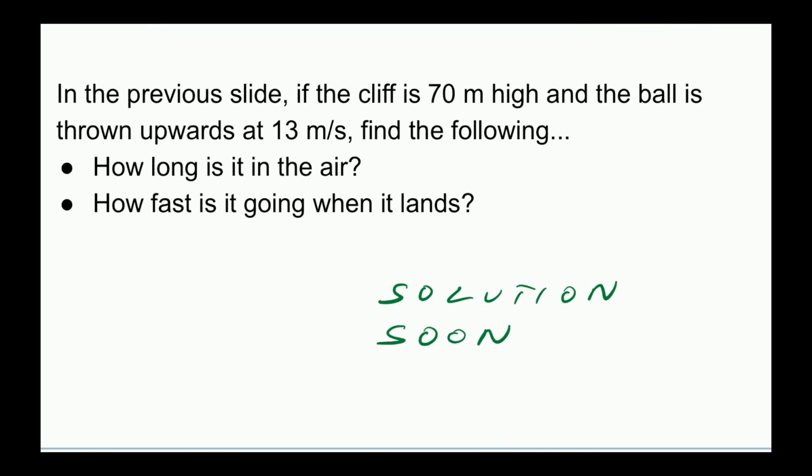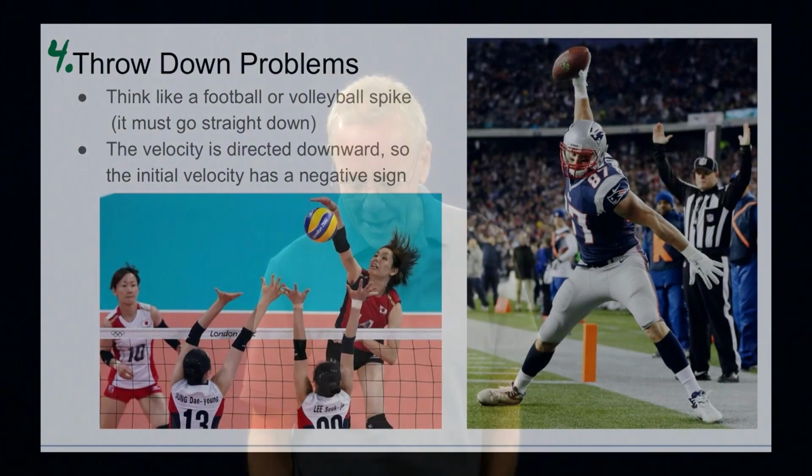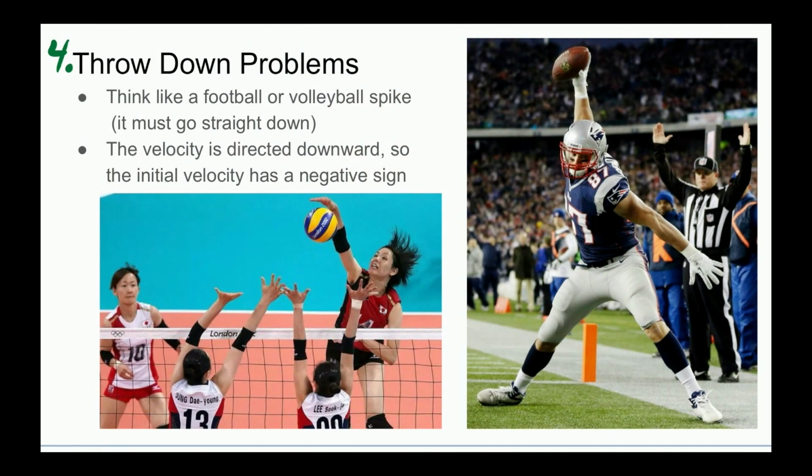Now, I might have time at the end to solve this problem. If time permits, I will at least explain how this was approached and the different kinds of approaches you could do. But in order to be complete, I'd like to show you the fourth category of problems. We call them the throw down, and it's pretty straightforward. Think of a football spike or a volleyball spike.